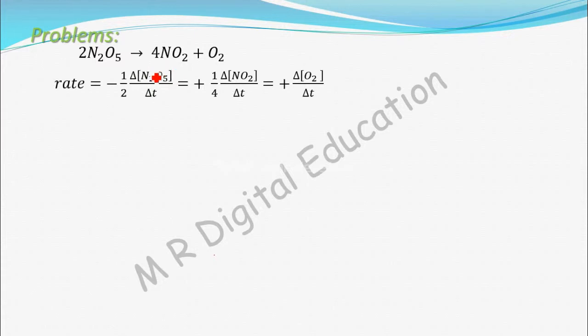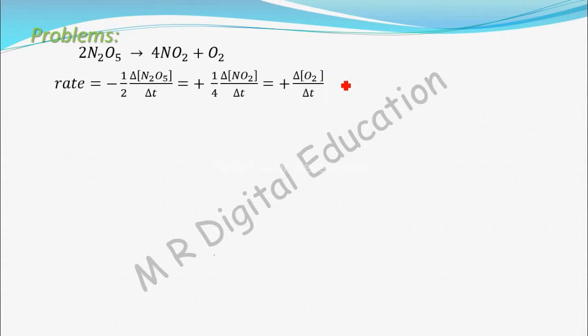This also equals, NO2 is product, so positive sign, its stoichiometric coefficient is 4, so 1 by 4 into delta NO2 by delta t. This also equals, O2 is product, positive sign, so delta O2 by delta t.